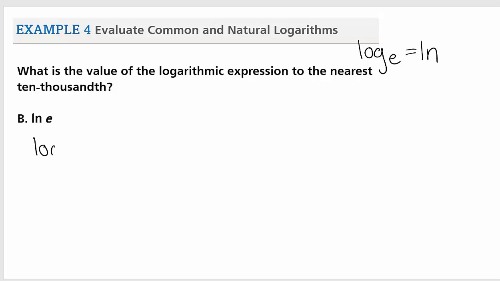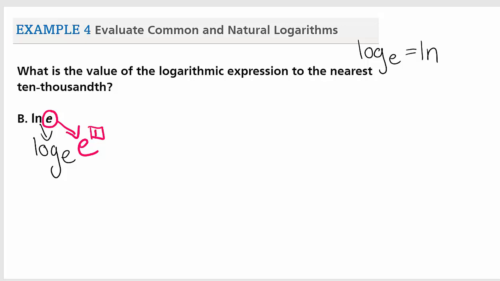So that means that this question of the natural logarithm, I can rewrite as log base e, and then this e is part of the question. What I can do to simplify this is imagine that we have an exponent here. If we have an exponent there, it would be an implied 1.